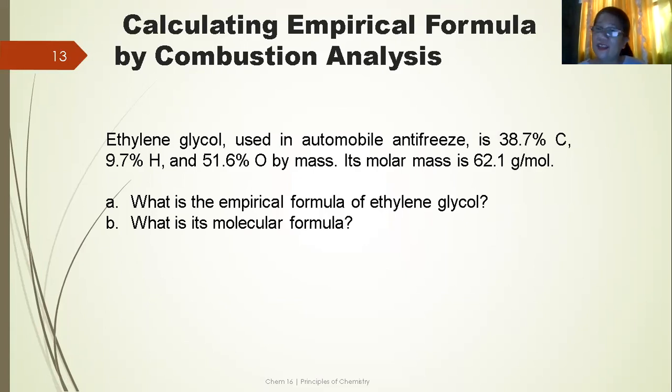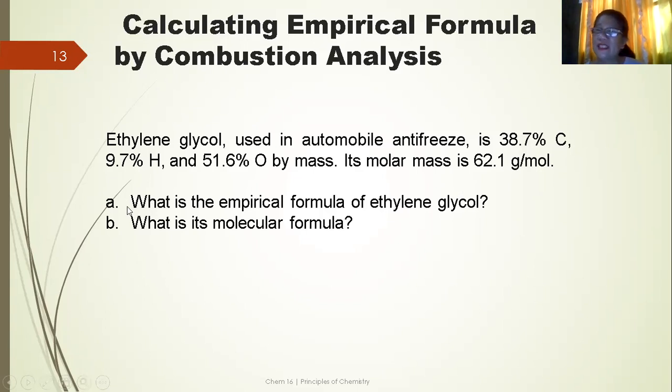That is, it needs an antifreeze. And antifreeze is in the form of ethylene glycol. What is the formula of ethylene glycol? That is CHO. With these now the given percentages, but its true molar mass is 62.1.